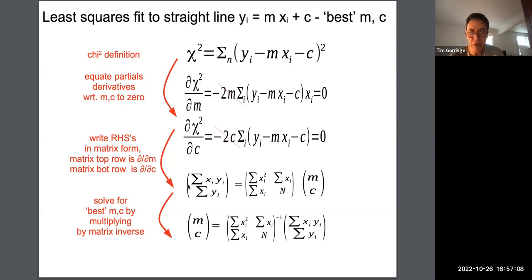And it will leave us on the right-hand side with this expression here. And so this is how you derive the best fit values of M and C from the idea of minimizing the chi-squared and the procedure of calculating the partial differentials with respect to the slope and the offset of the chi-squared.